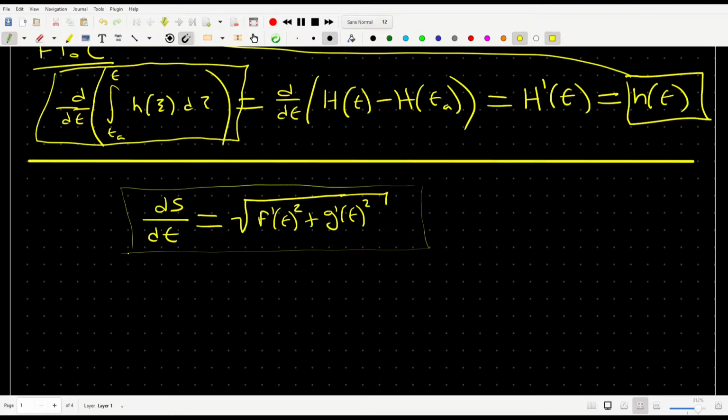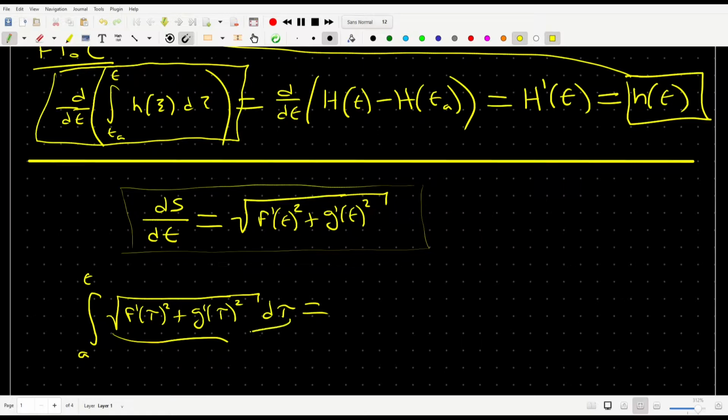And what we can also note, right, is that if we look at now the integral from a to t of this square root of f prime of tau squared plus g prime of tau squared, this entire thing we can think of in the sense of a u substitution. This is the same thing as a ds.